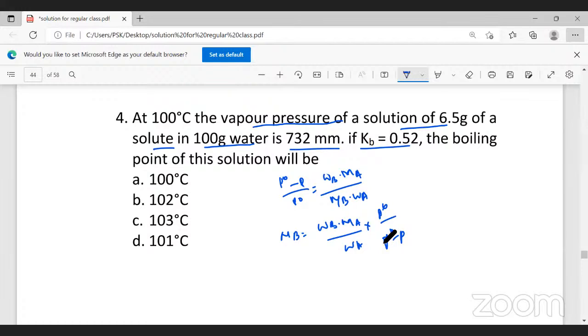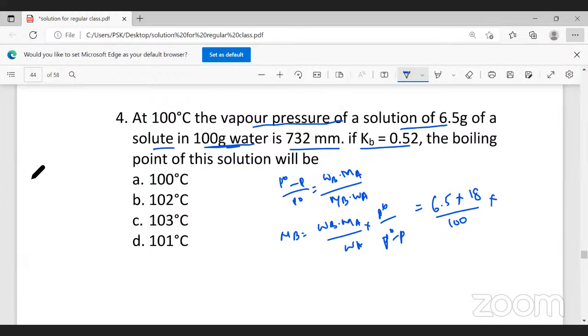On substitution, WB, the weight of the solute, they've given us 6.5. They have not given the molecular mass of solvent, but they've given solvent as water. The molecular weight of water is 18, divided by WA, the weight of water, 100, into P naught.